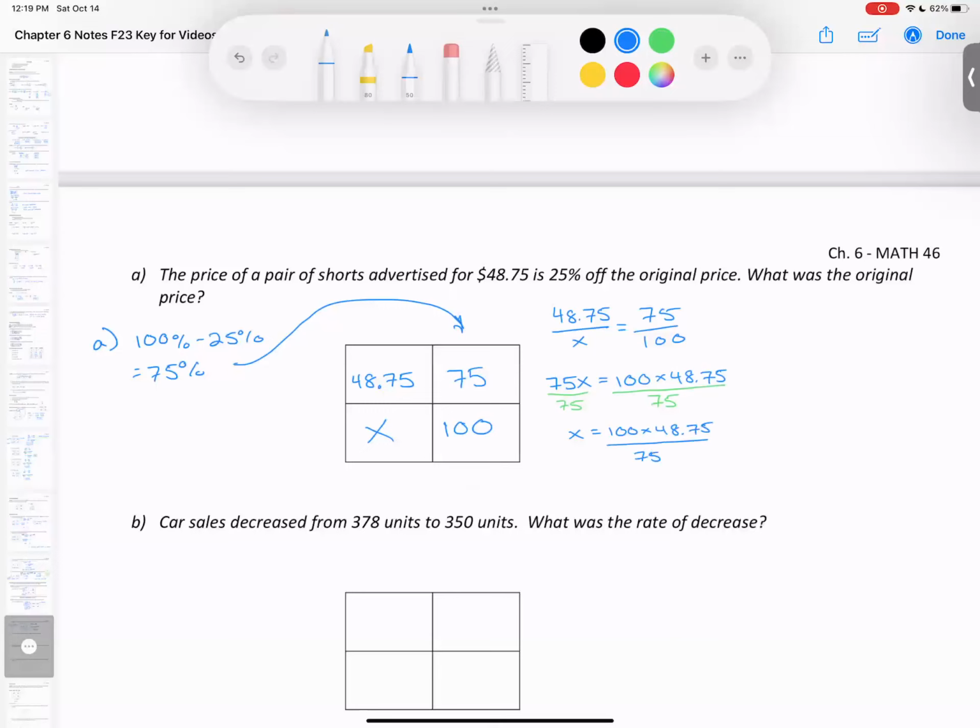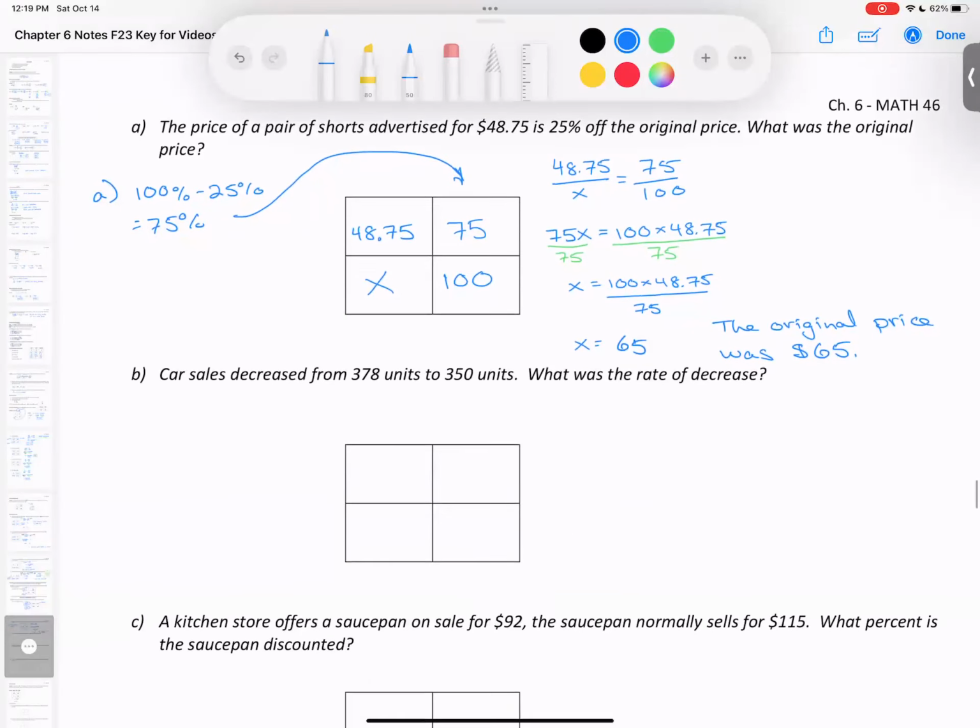So let's calculate that. And I get 65. So the original price, our base, was $65. We paid 75% of that, which is why we paid the $48.75.